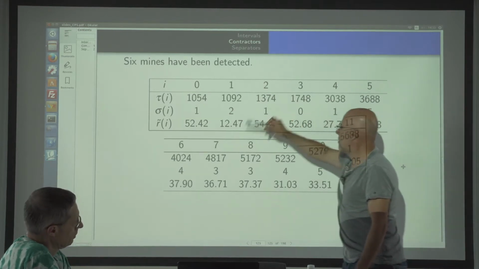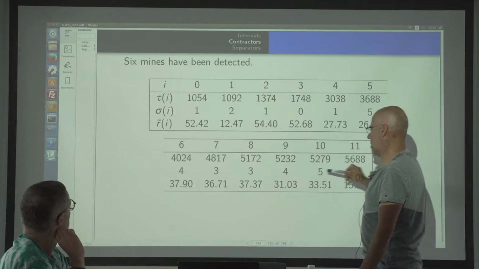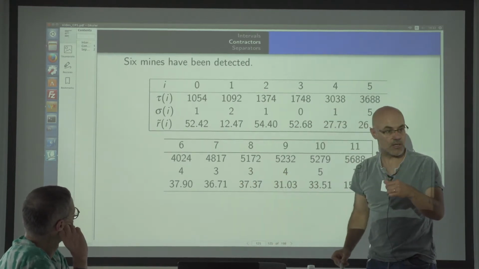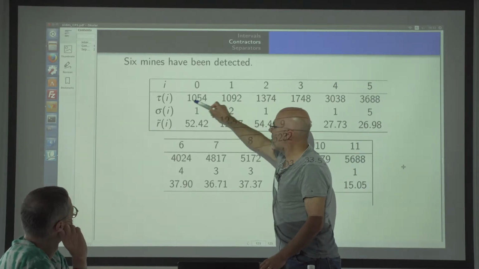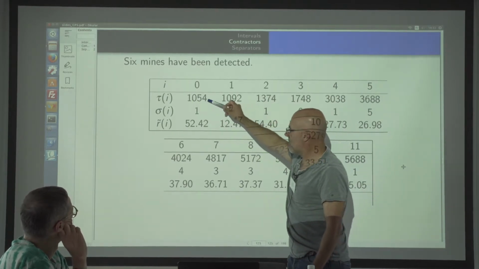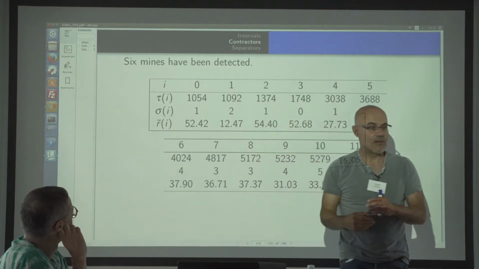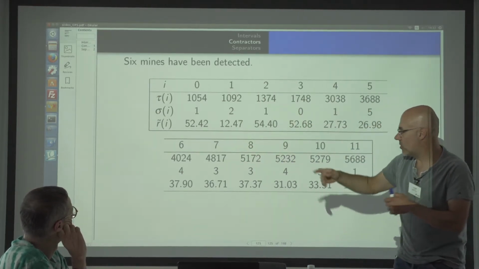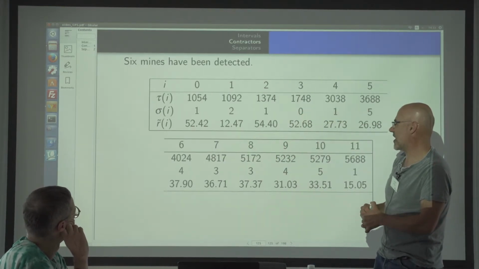The mine number 2 has been seen only once, at the time given here. And when the mark has been seen, it was at this distance from the AUV, because the distance is given by the sonar, which only provides distance in fact.